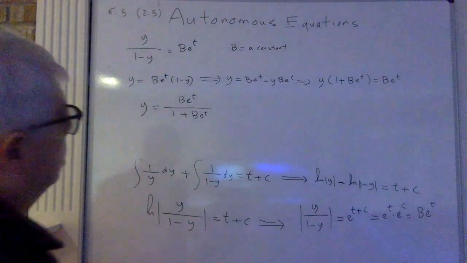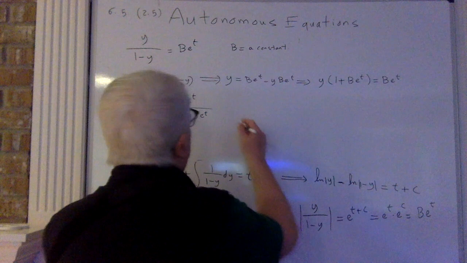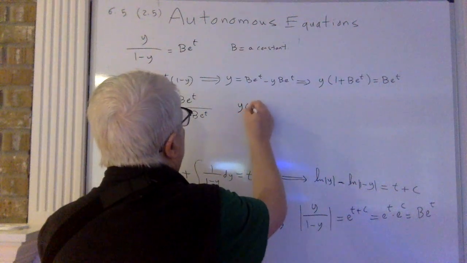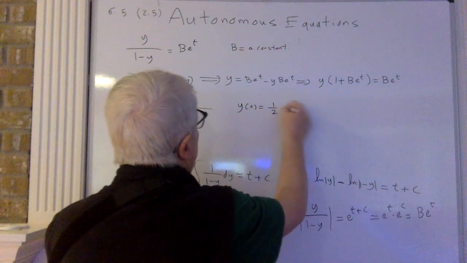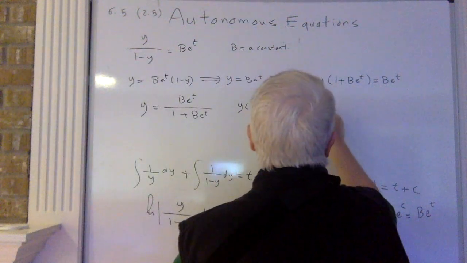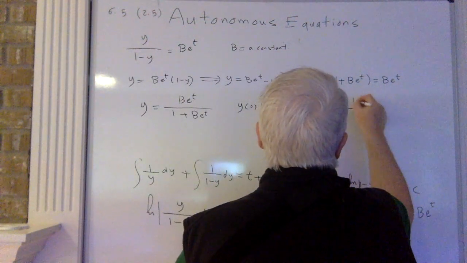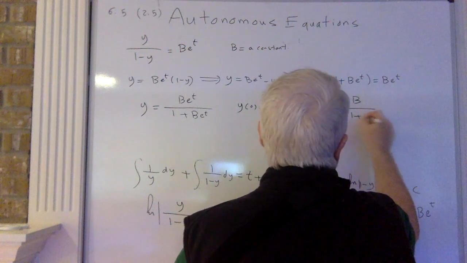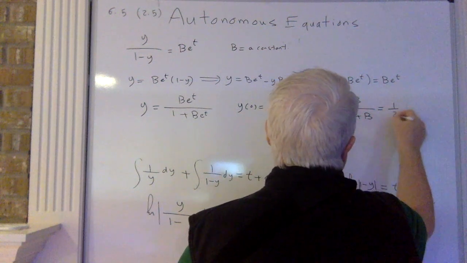Now let's apply the initial condition here. I have y at time 0 is 1 half. So y at time 0 will be b over 1 plus b, which is 1 half.